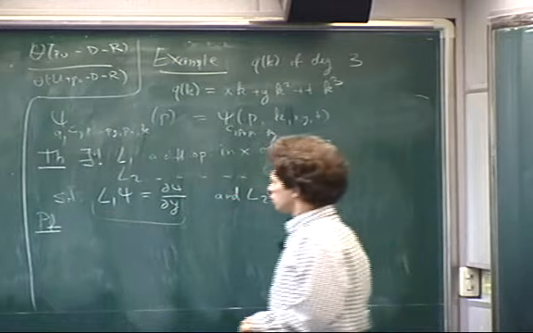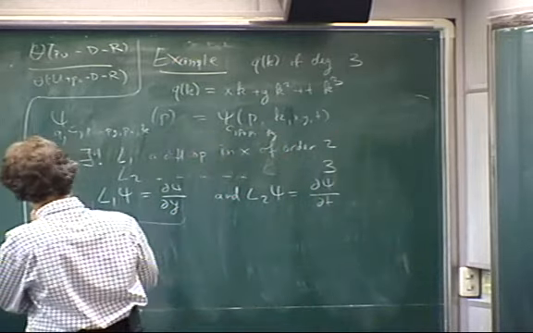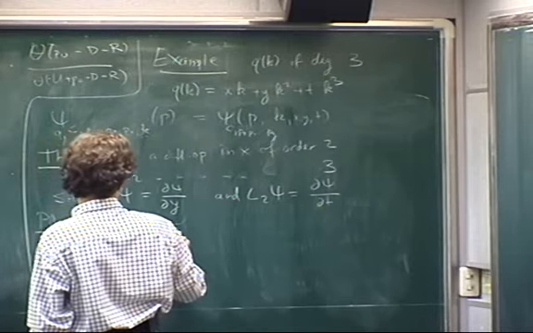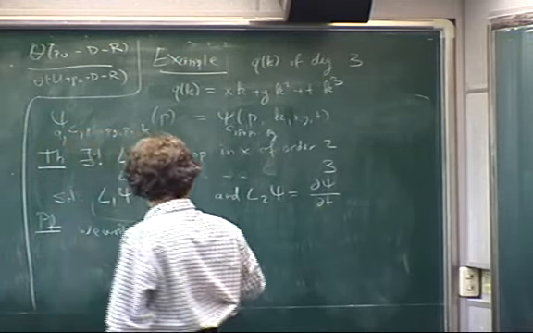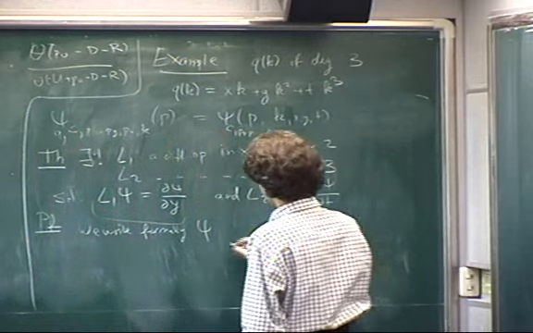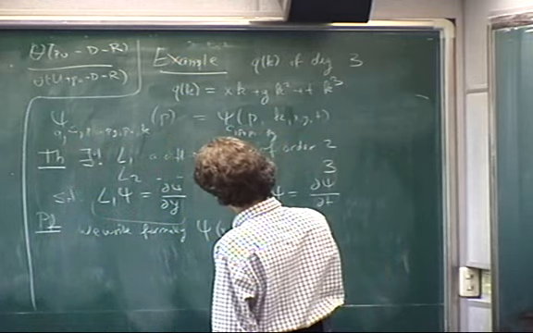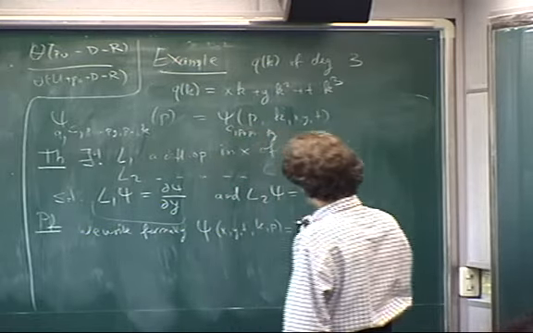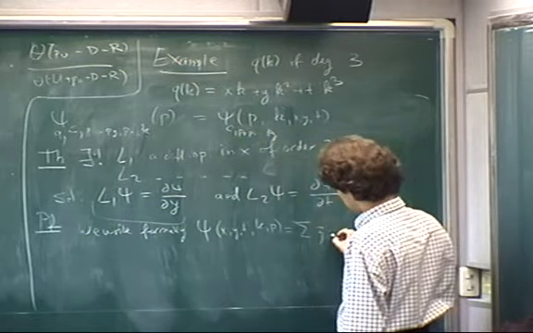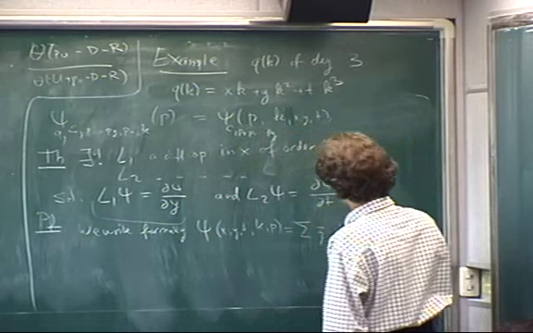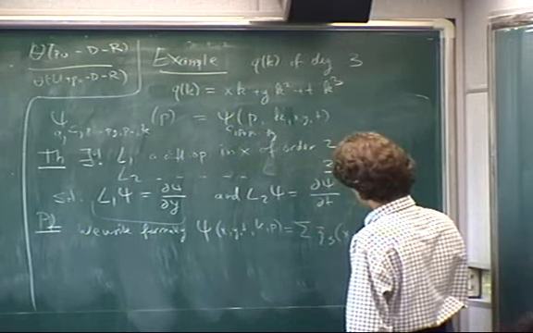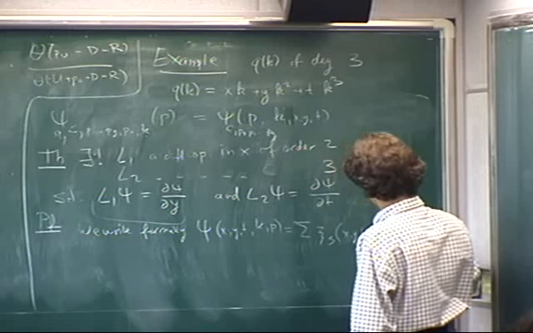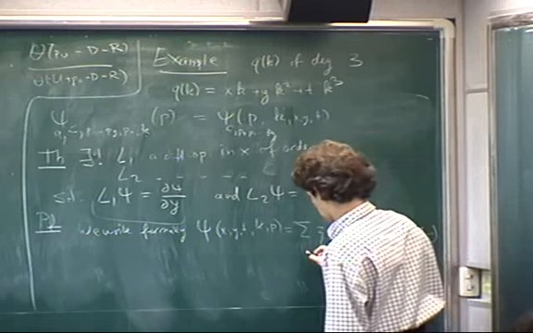Okay? So, we write formally psi of x, y, t, k, p as the sum of psi s of x, y, t, p, k to the minus s times the exponent of the appropriate kind.